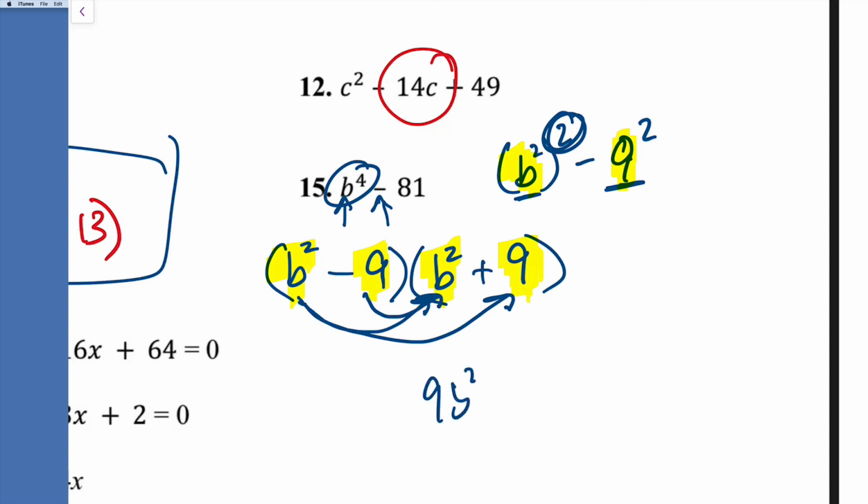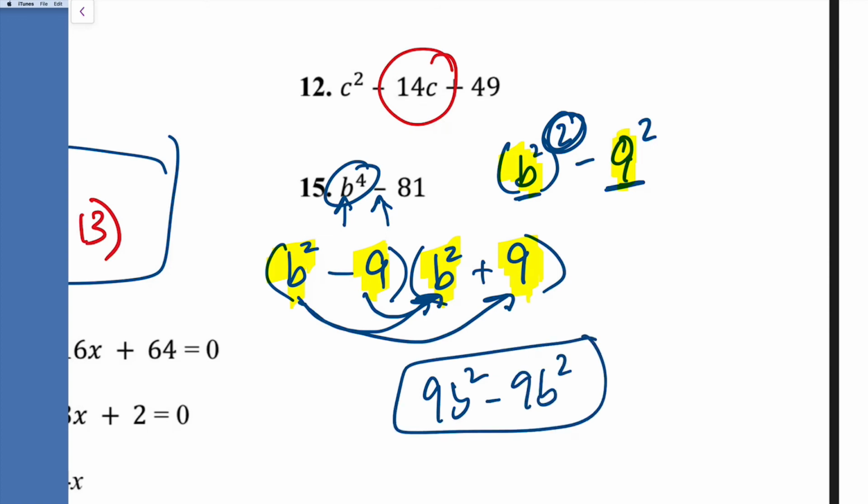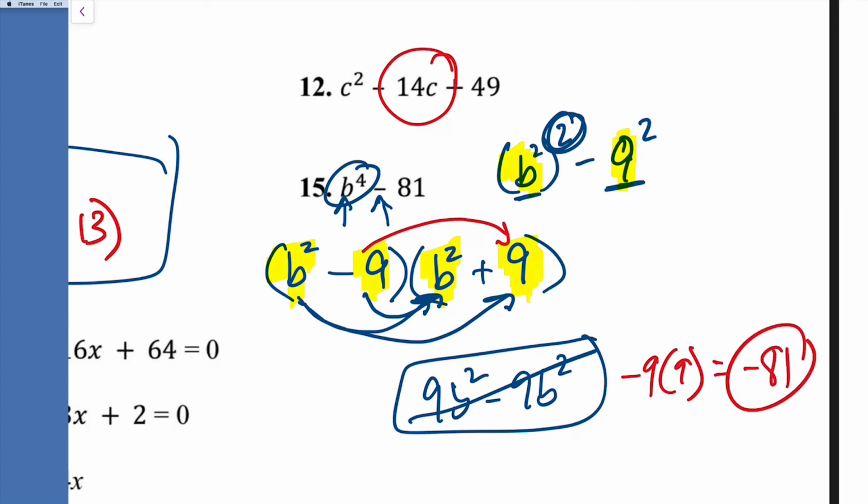So that's 9b squared, and then minus 9b squared, which equals nothing. And then finally I end up with negative 9 times positive 9, which equals negative 81, which is exactly what I have here.